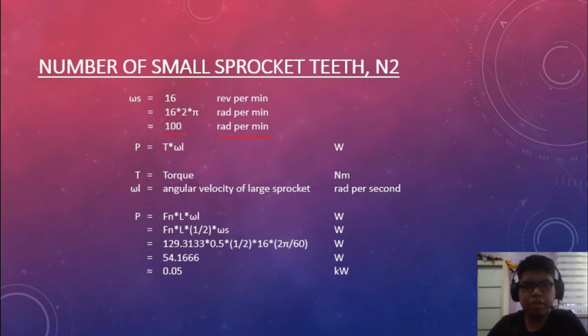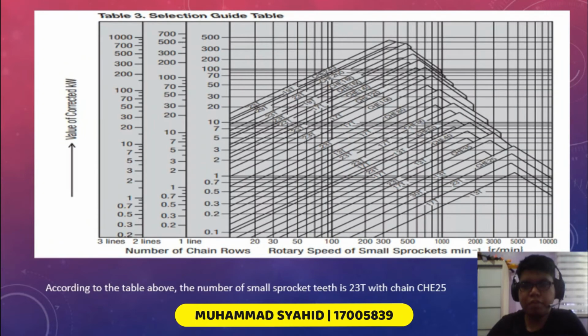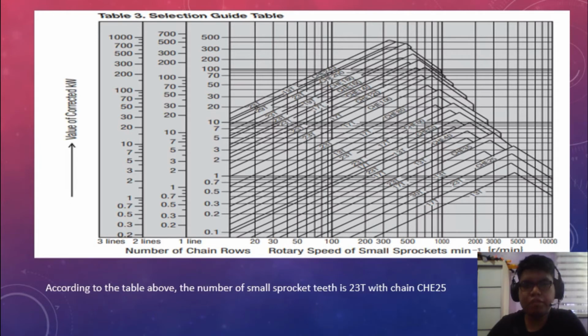But in the end we convert it into kilowatt, which is power equal to 0.05 kilowatt. Why kilowatt? We are going to be using this table, which involves radian per minute and kilowatt. You can see here, in our system we'll be using only one line with 100 radian per minute.